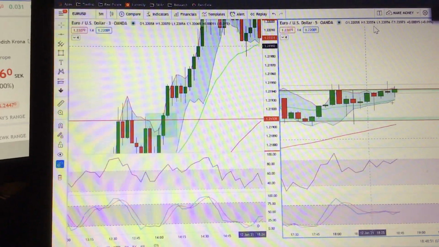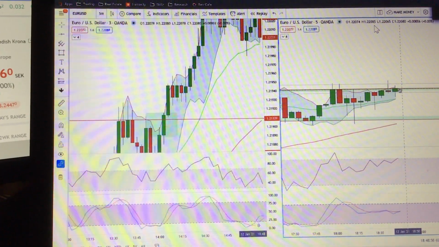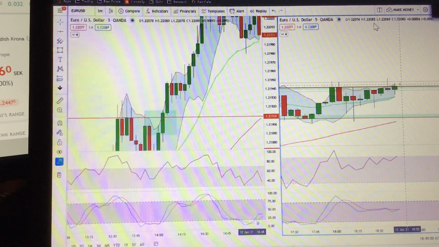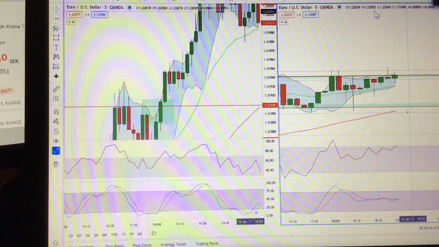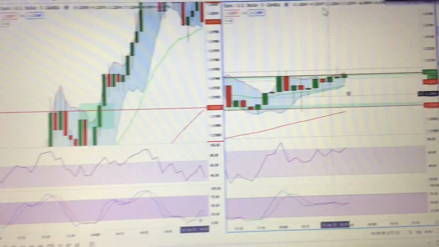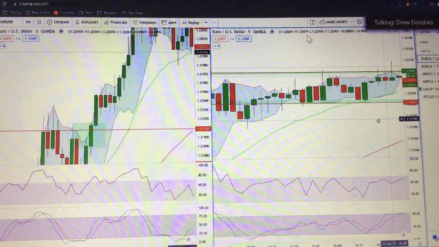Quote me on this, but you will see either a strong move up past this line, and it will continue to go up strongly, or else reverse back down. Now, I don't know which one. I'm not an oracle yet, but based off of this range, it's a very strong range. It's been going on for a decent amount of time.